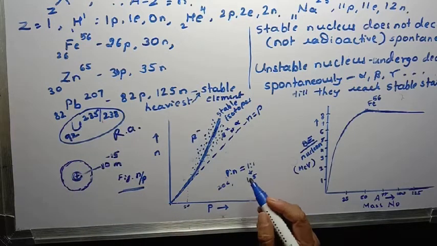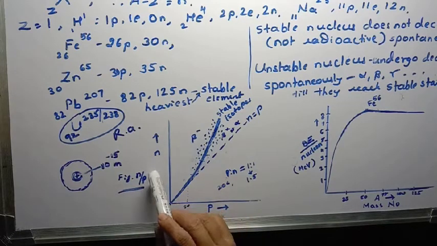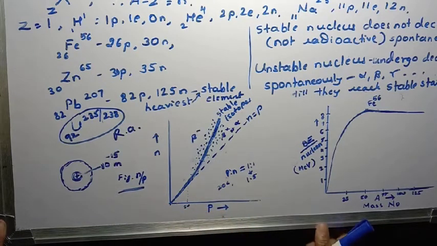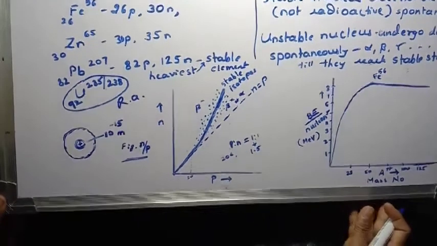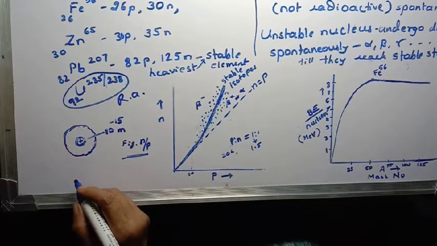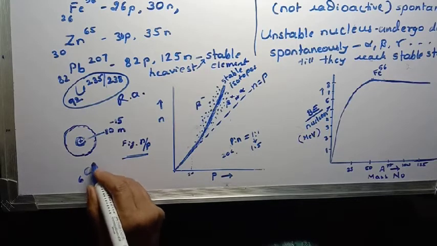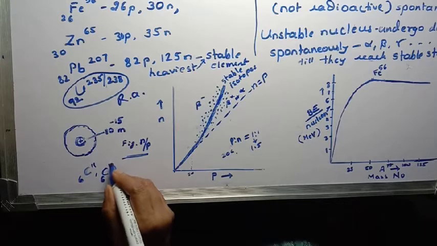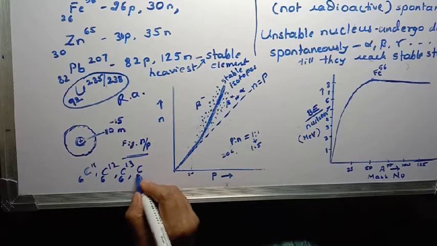Now, I think you are familiar with the word isotopes. So what are isotopes? Isotopes are the elements which have the same atomic number and different atomic mass. I will give you an example: carbon 6, 11, carbon 6, 12, carbon 6, 13, carbon 6, 14.